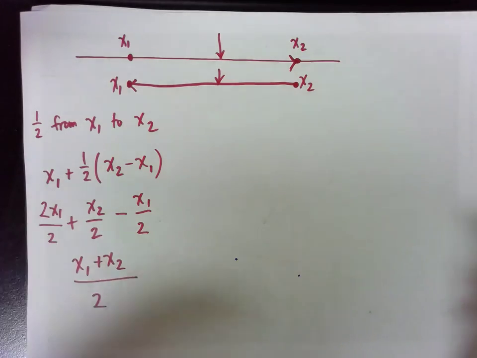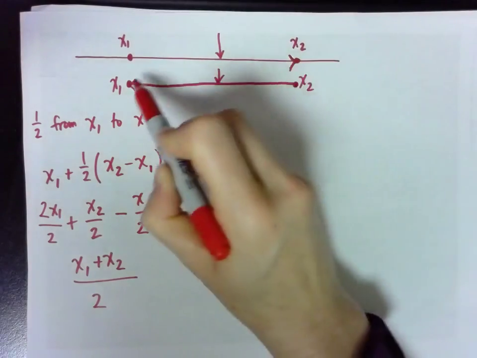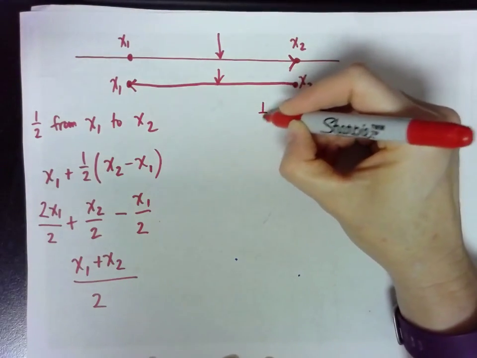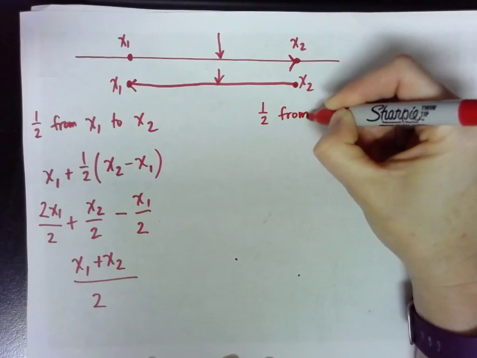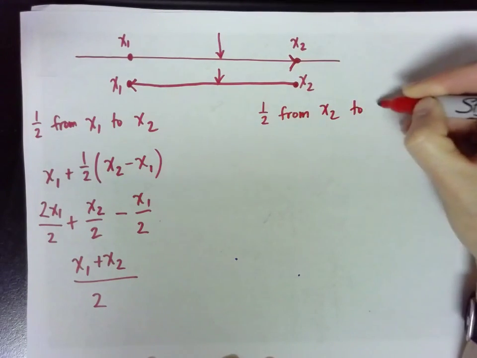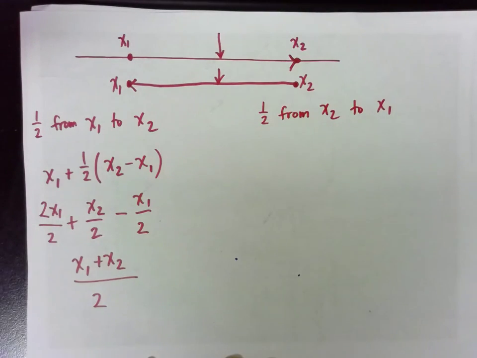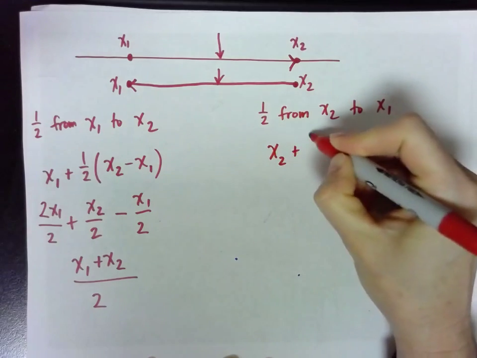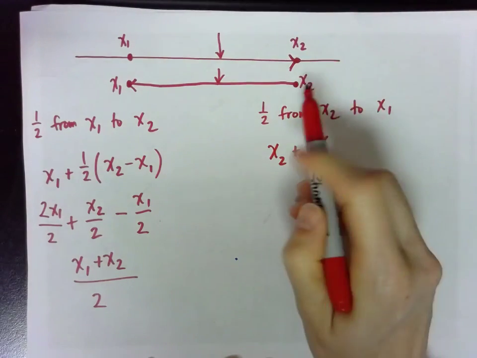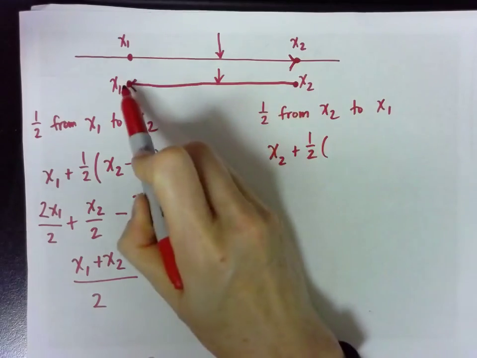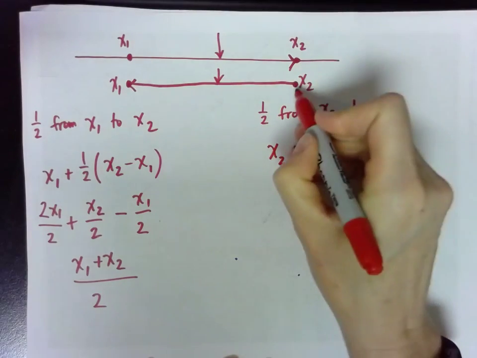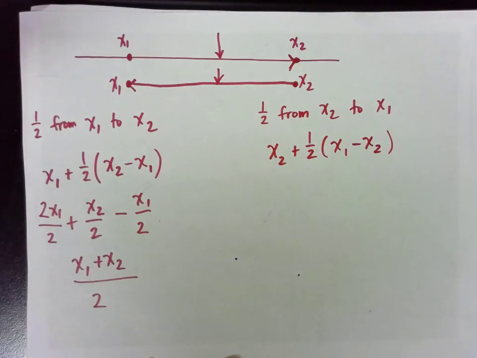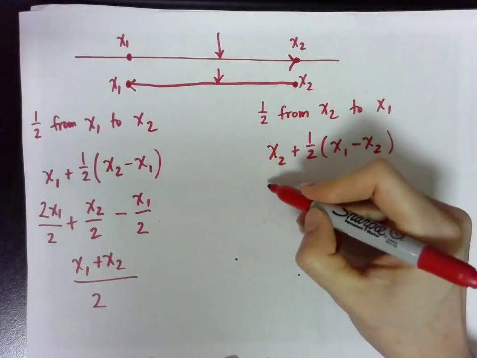Let's verify that if this were our initial point and this were our terminal point, we'd still get the same thing. So the point that's halfway from x2 to x1: again, we start at our initial point, x2, and we add on half the distance. How do we find the distance? We go to the terminal point, x1, and we subtract the initial point, x2. You can see that this is looking very similar to the previous one.